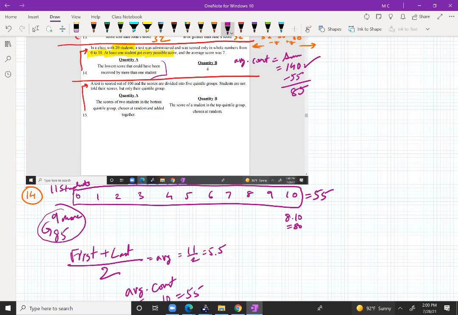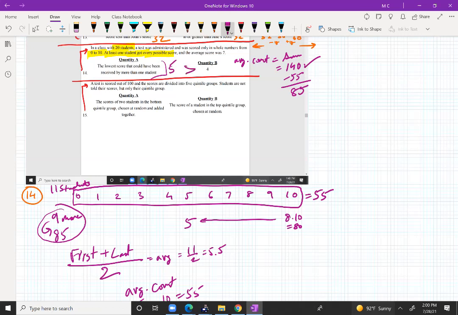If you give everybody 10 except one person, you want to give him a low score. You still have to give that person a 5, right? If you gave that person a 4 or a 3, they couldn't have 85 out of those 9 people. Impossible. So this one is actually 5, which is more than 4.